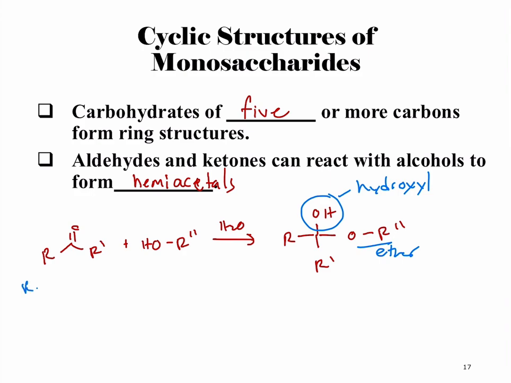And so this could be a ketone or an aldehyde. If it's an aldehyde, it just means one of these R groups is going to be a hydrogen or replaced by a hydrogen.